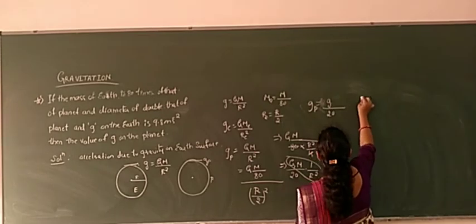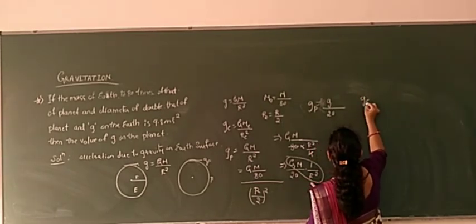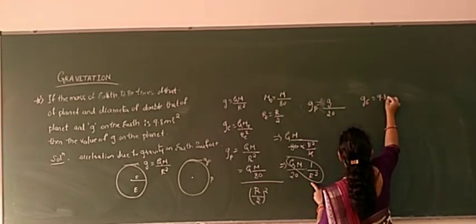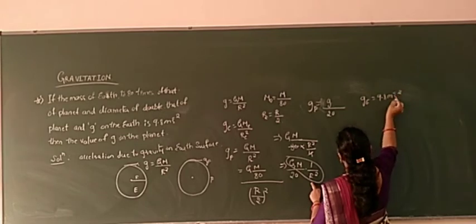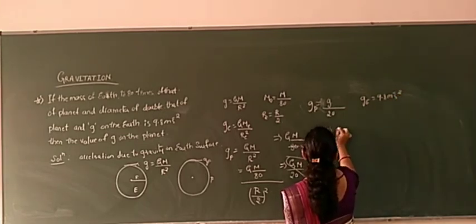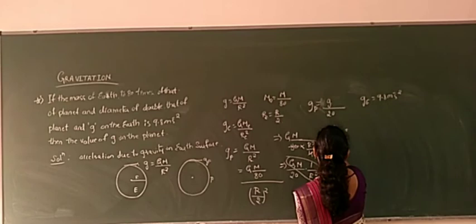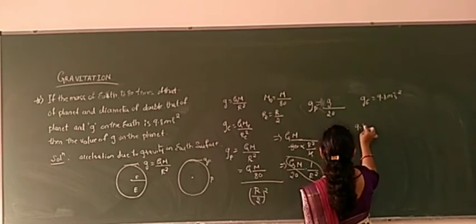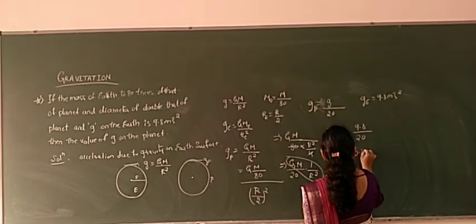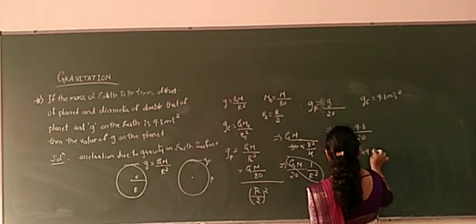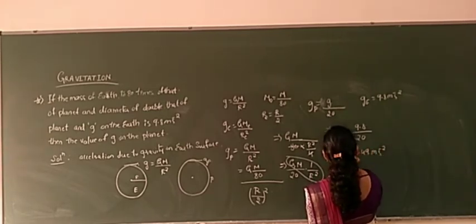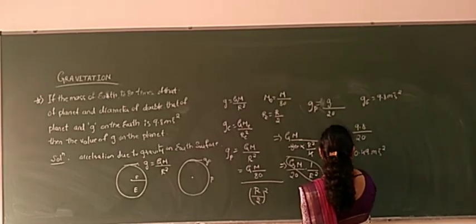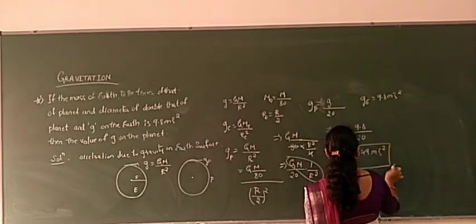The value of g on the surface of the earth is already given, it is 9.8 meter per second square. So we put the value here: g on planet is equal to 9.8 divided by 20, that is almost 0.49 meter per second square. This is the acceleration due to gravity on the planet here. This is the expected answer.